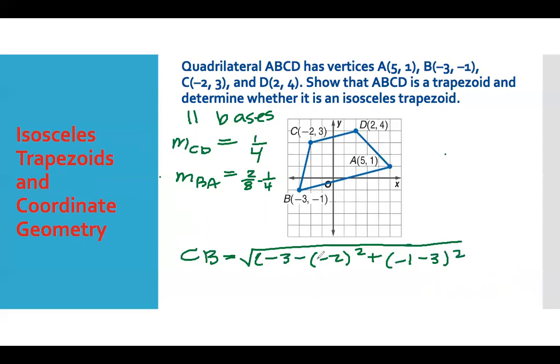That's going to be -3 plus 2, which is -1 squared, which is 1. So that's 1. -4 squared is 16. Plus 16, that's going to be the square root of 17. Did we all get the square root of 17?